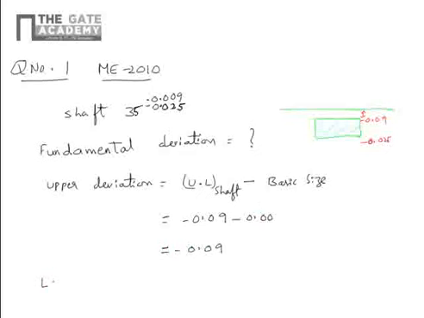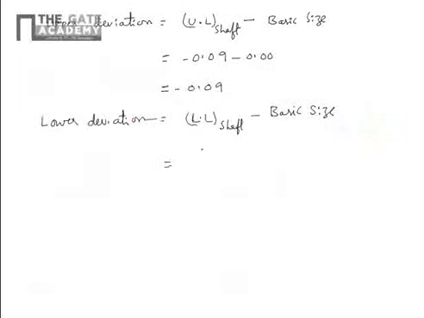Lower deviation equals lower limit of shaft minus basic size. We are taking the basic size as reference 0.00, that's why we are taking the tolerance values directly: minus 0.025 minus 0.00, that is minus 0.025 mm.